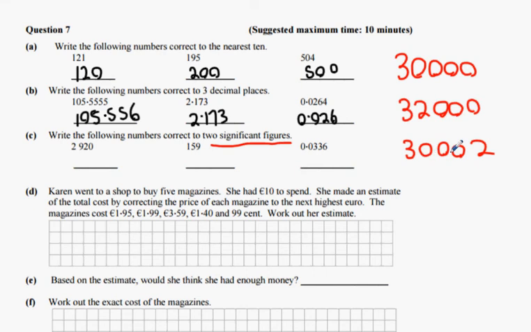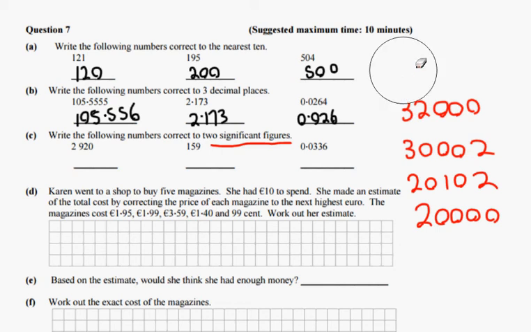When the zeros are sandwiched in between 2 significant numbers, they themselves become significant. If they're in a sandwich, they're significant. What about this one here? 5. What about this one here? 1. Okay, that's for big numbers.